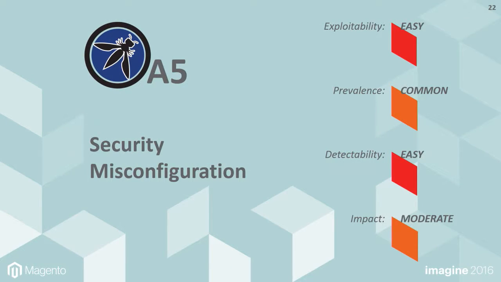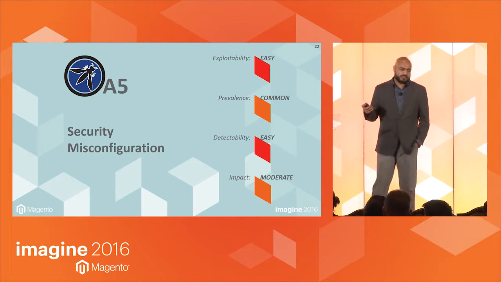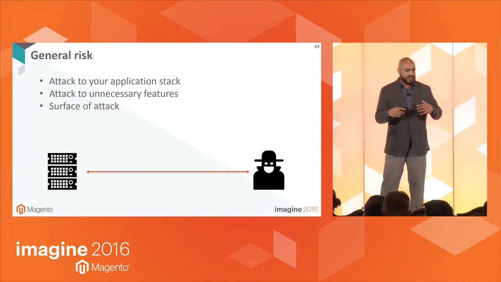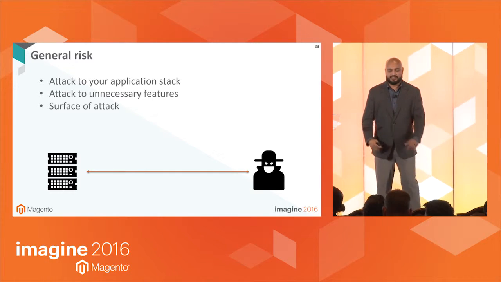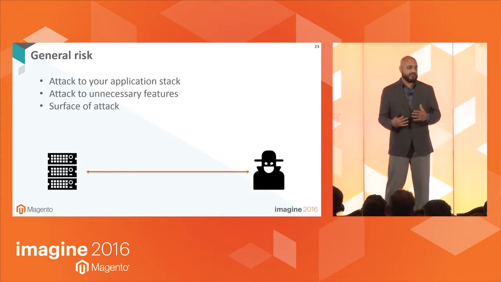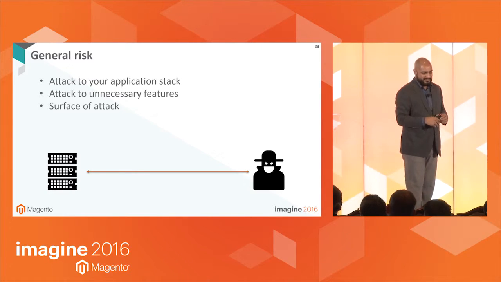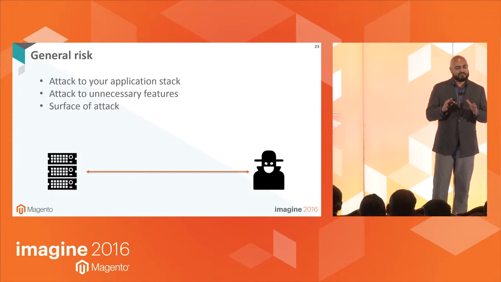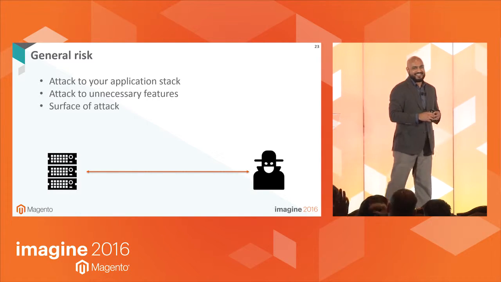We're going halfway there. Security misconfiguration. And this is a big one. This is a general risk. How security misconfiguration works is, we have an attacker attacking every part of your application stack. Something is not configured right. And my second point here, attacks on unnecessary features. I'll talk about an example that we may be familiar with. Who here has heard of Magmi? Right, yes.